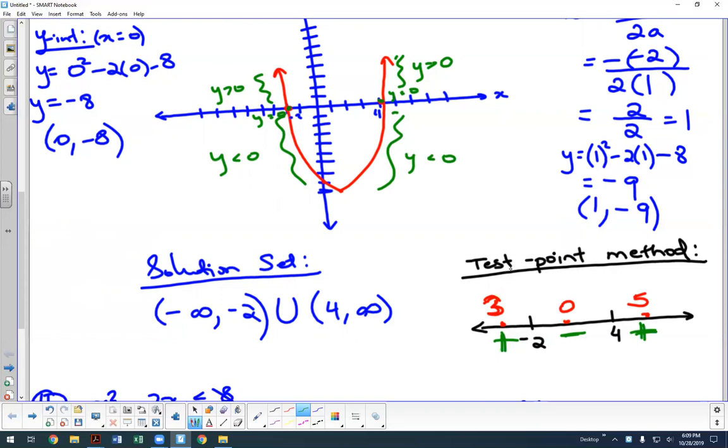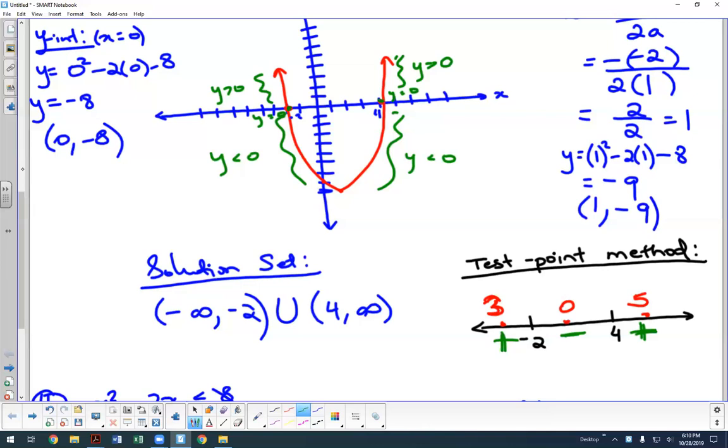So that's what a test point method does, is you draw the number line, put your roots in there, which is the -2 and the 4, pick a test point from each interval, plug those test points basically into your function, right? So 3, 0, 5 would replace our x in the function here, and we would see, do I get positive or negative signs?